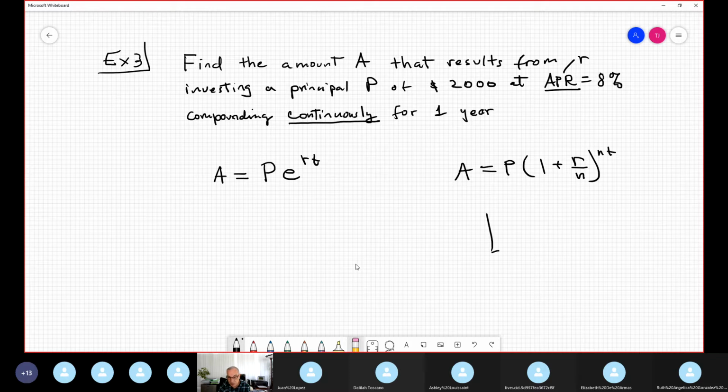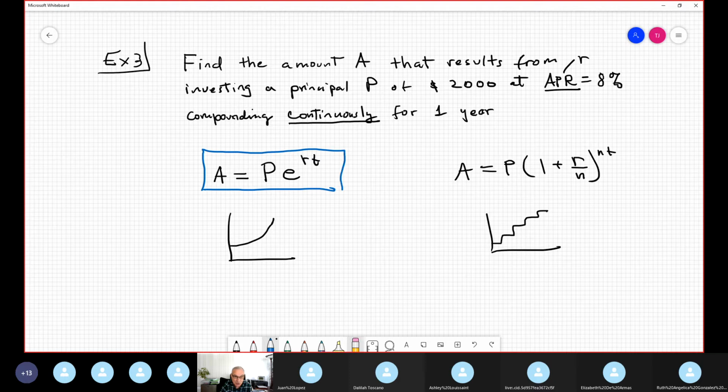That is when the money increases step by step. And this is the money increasing continuously, like exponential. So you select this formula because the problem says the compounding is continuous. This keyword indicates to me to select that formula.